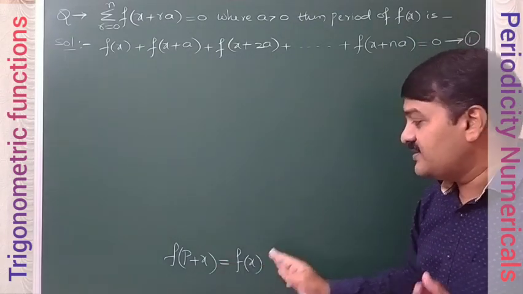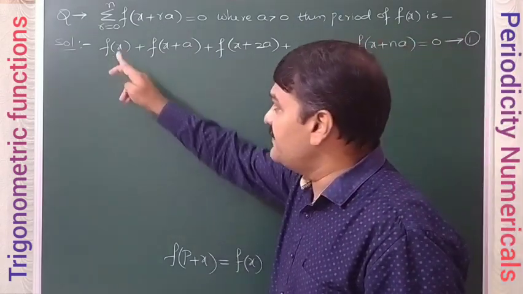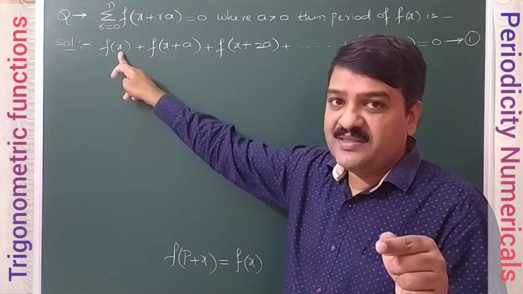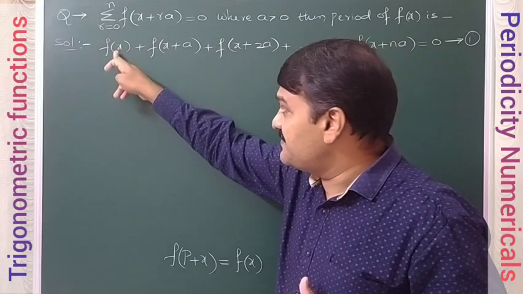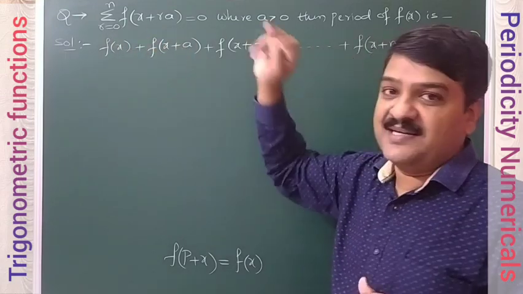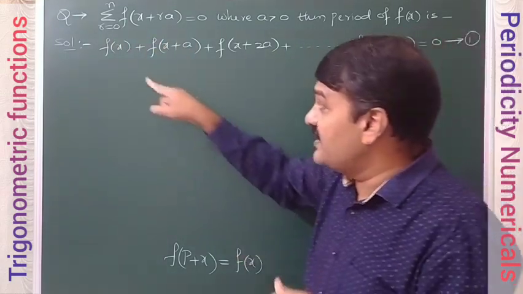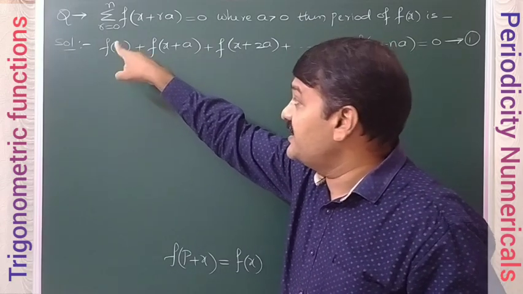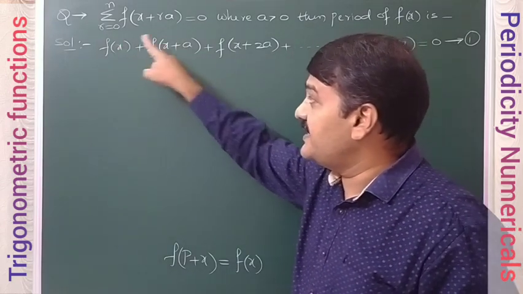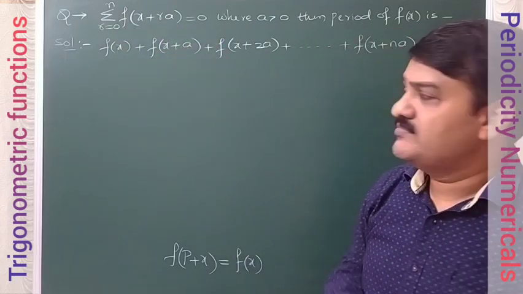Now in order to get this model, I will try to replace x with some value such that in the first place we get this second term. Now what will you replace x with such that in the first term you will get this second term value? Simple.